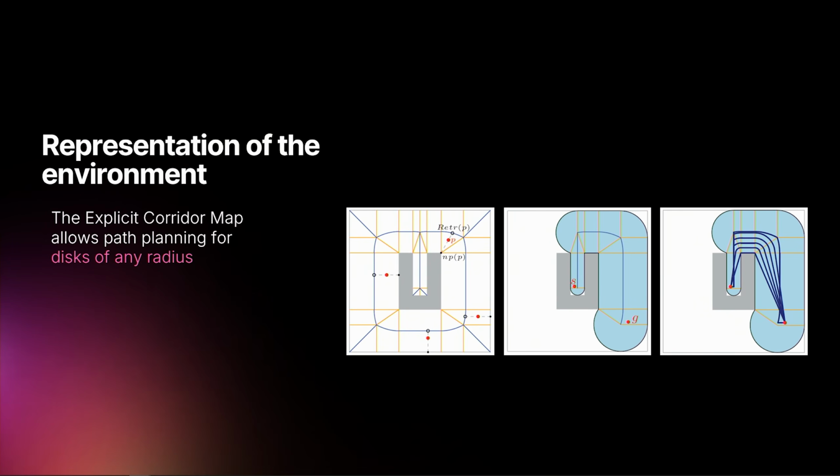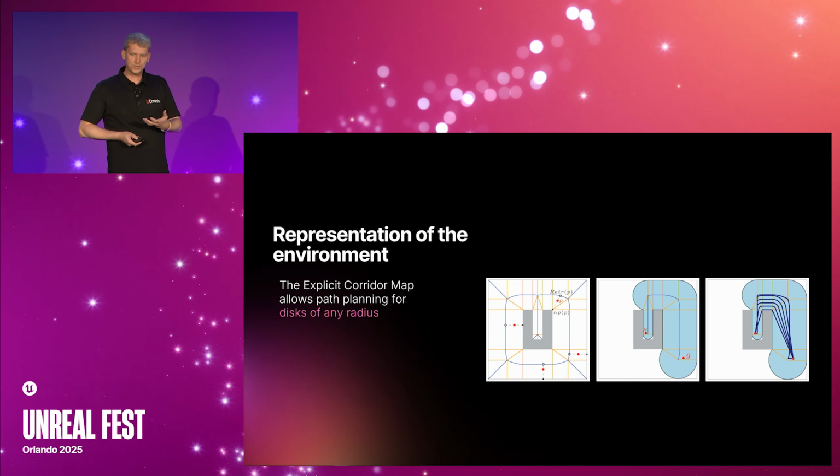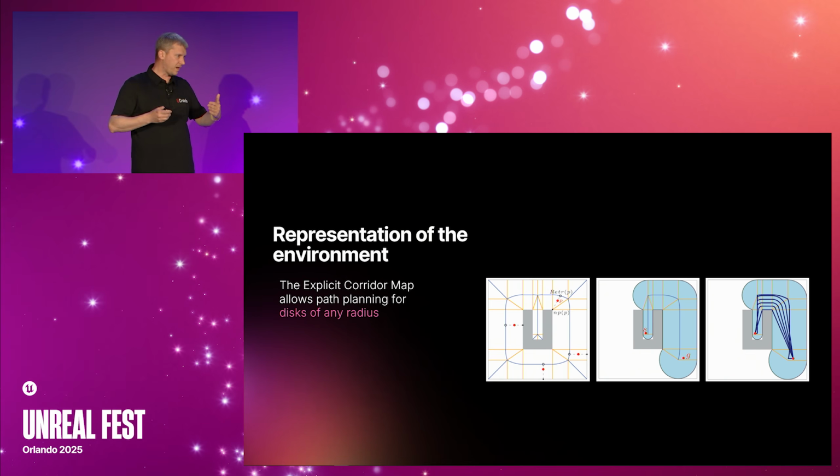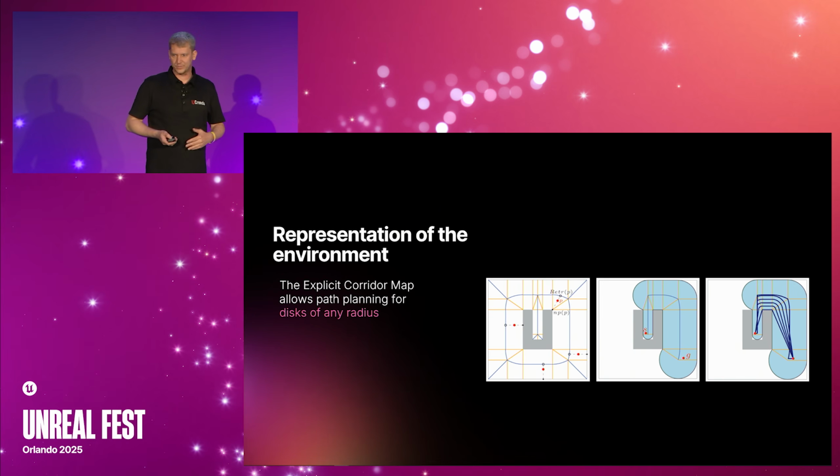This structure also allows you to compute a corridor, or a set of corridors, real corridors in a building like this one, but it can also be a set of streets. So it defines a blob of free space through which characters can move. And this structure allows you to compute a set of paths that can be the shortest path for a point or a shortest path for a disk, so basically characters with an arbitrary radius.